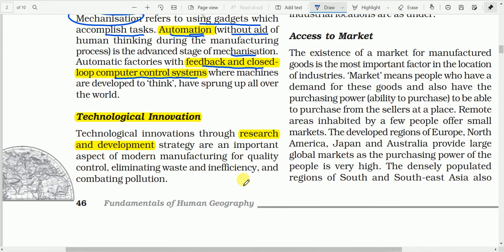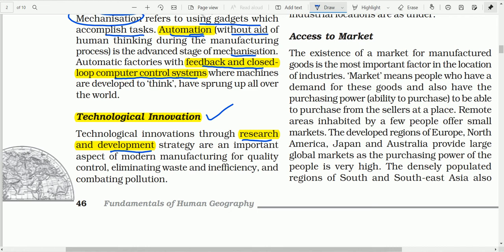And next we have another important characteristic, that is technological innovation. Innovation is the invention of new ideas, invention of new technology, idea generation, through the research and development strategy.